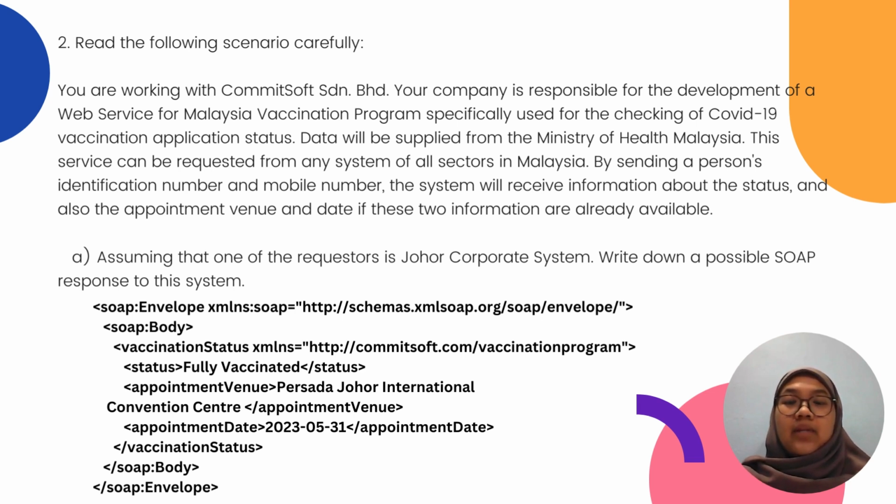And appointment date, indicating the date of the vaccination appointment, which is 2023-05-31. This message is an example response from the web service that provides information about the vaccination status of a person.